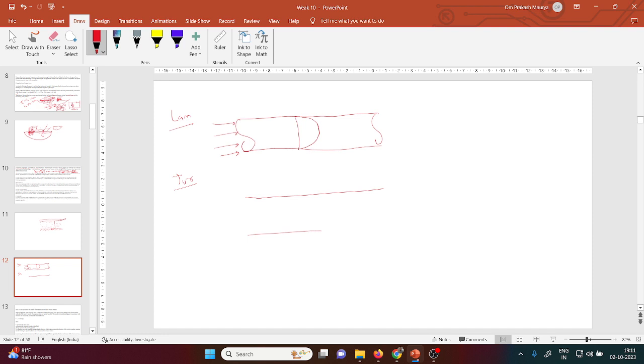In case of turbulent flow, the thing is very, very difficult, but let me explain again. In case of the boundary layer formation, I think you know very well.